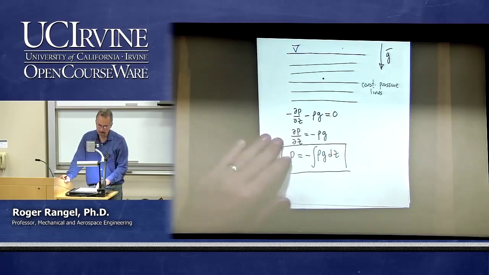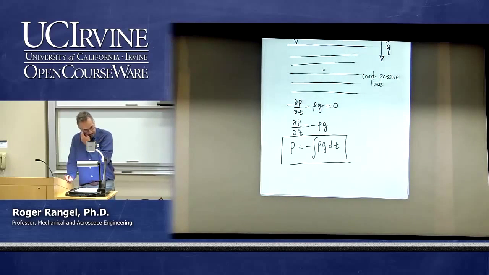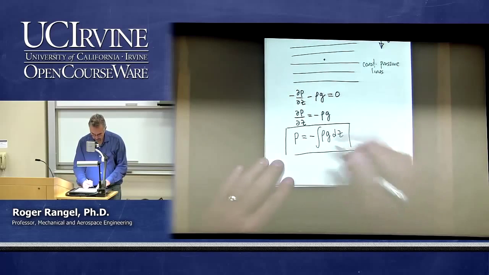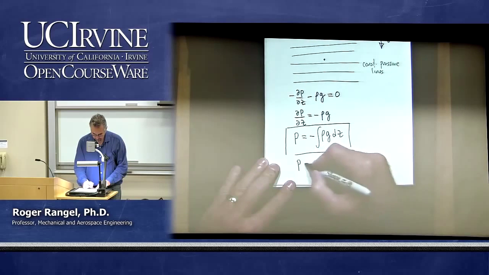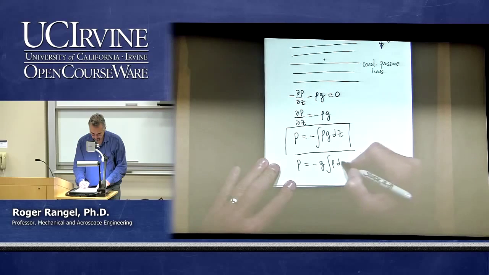In that situation, you may have to consider a variation in gravity. But for most practical problems in engineering, we can take that gravity to be constant. So the problem reduces to, you can take g constant out, the integral of rho dz.